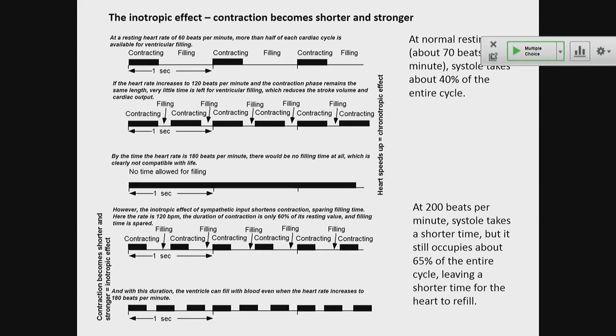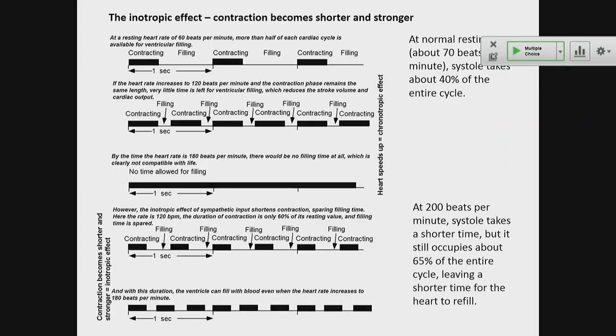And that's exactly what happens. As you increase your heart rate, the time it takes for the heart to contract shortens, okay? So rather than taking 250 milliseconds, it only takes 150 milliseconds for the contraction. And we call this effect the inotropic effect of the heart, okay?